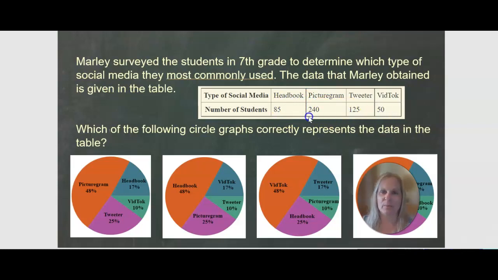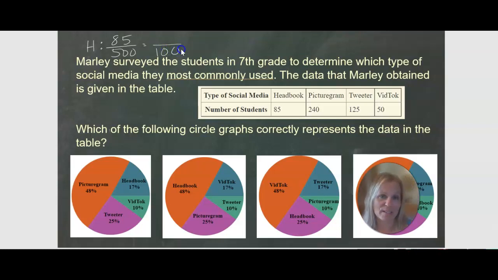It's funny how they put things like Headbook and Pictogram. Okay, so 85 plus 240 plus 125 plus 50 is 500. So let's look at Headbook first. If I do 85 out of 500, I can divide them by 5, because if I can get 100 on the bottom, then that's a percent, right?